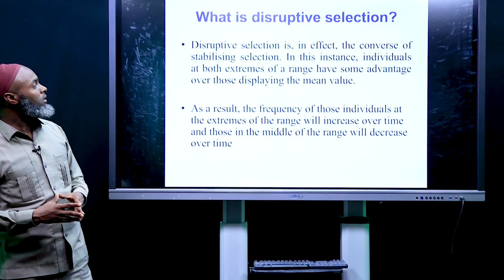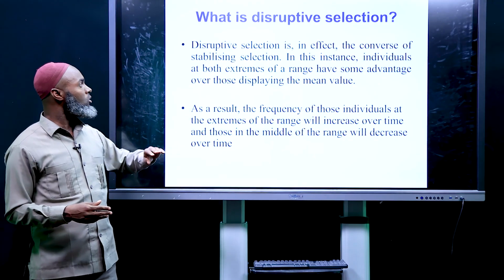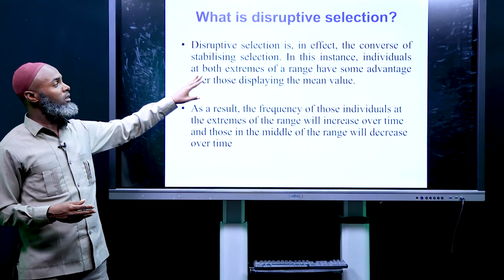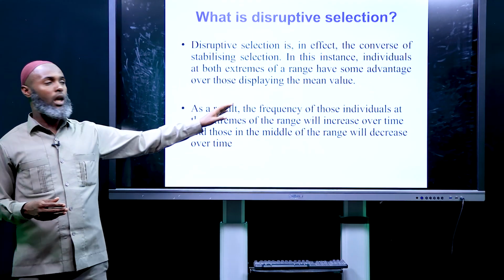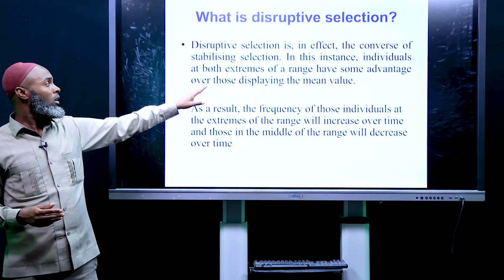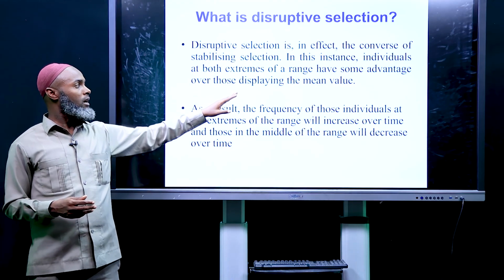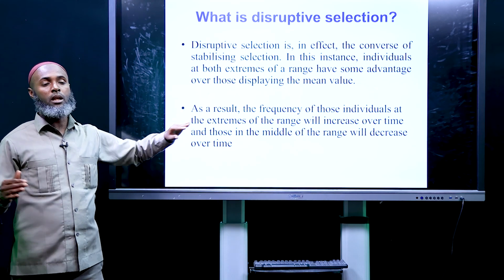Disruptive selection is the third type of selection, the converse of stabilizing selection. In this instance, individuals at both extremes of the range have some advantages over those displaying the mean value.